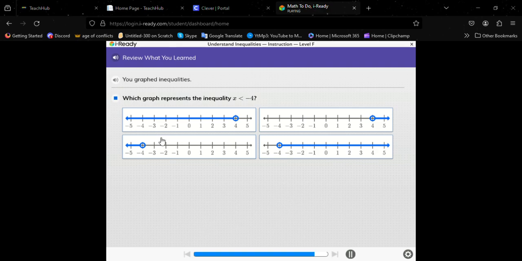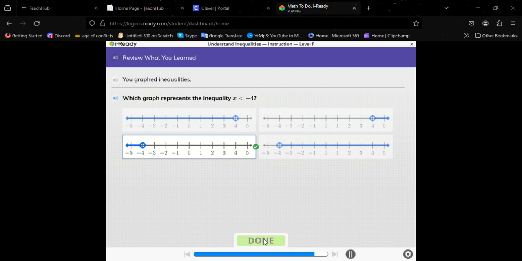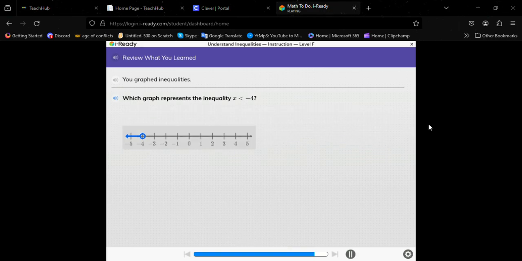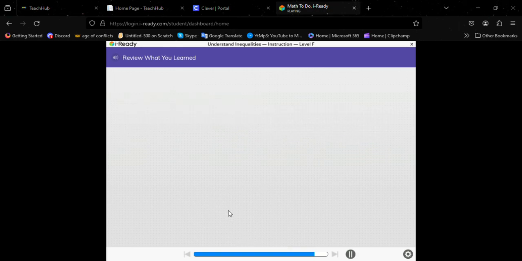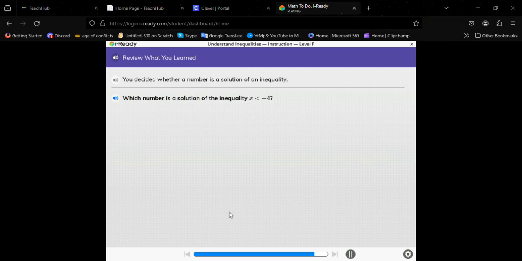Which graph represents the inequality x is less than -4? You decided whether a number is a solution of an inequality. Which number is a solution of the inequality x is less than -4?